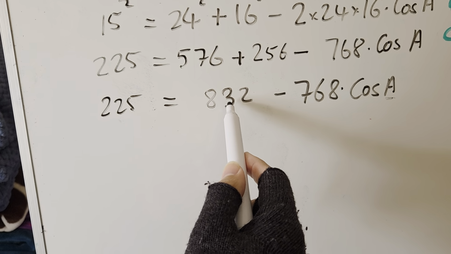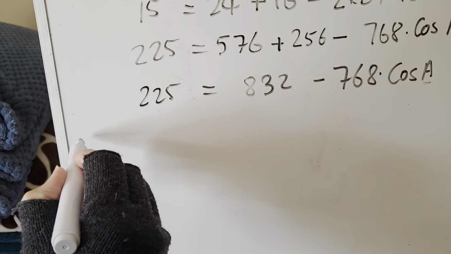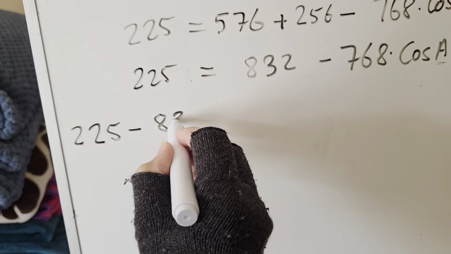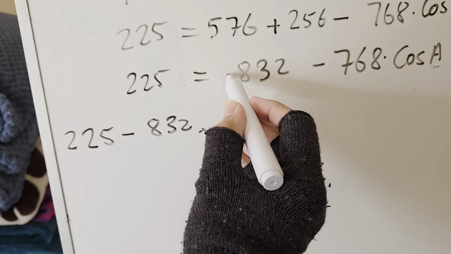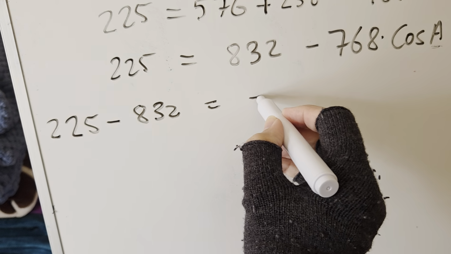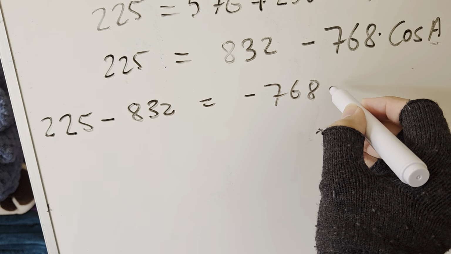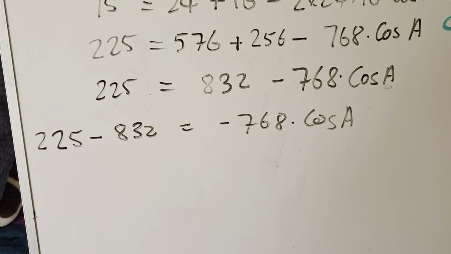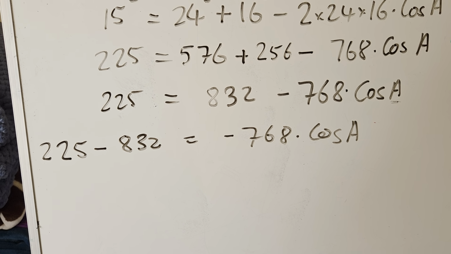So 832, move it to the left hand side. So what we get over here is 225 minus 832, because it is positive over here, when it comes to this side, it becomes minus. That is equal to negative 768 times the cosine of the angle A, or in other words, the angle theta.